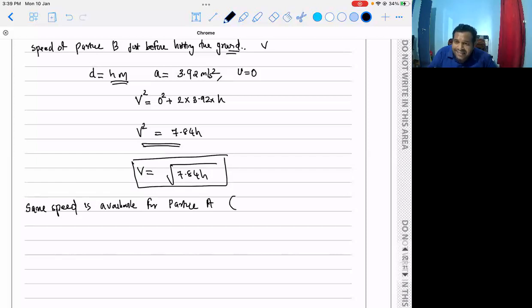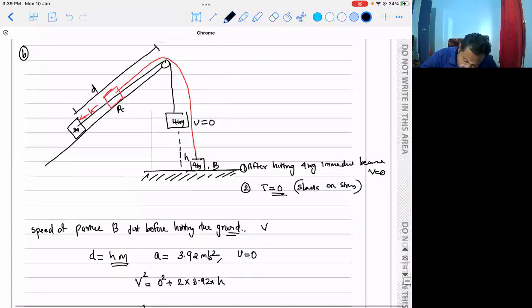Because just before hitting, it's connected by the string, correct? Therefore, at this instant, once it hits the ground, the speed becomes root of 7.84 h. Now, after hitting, what happens?